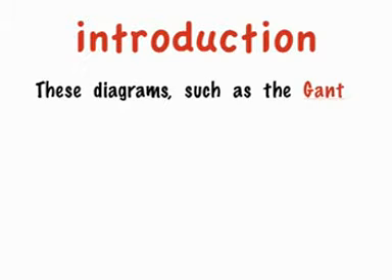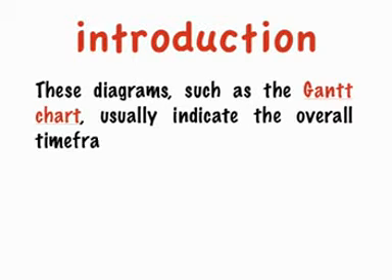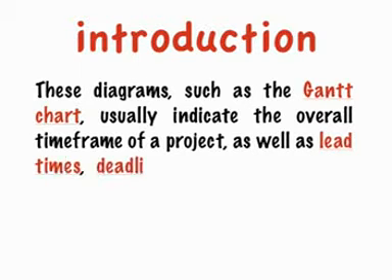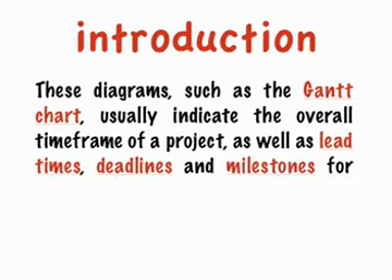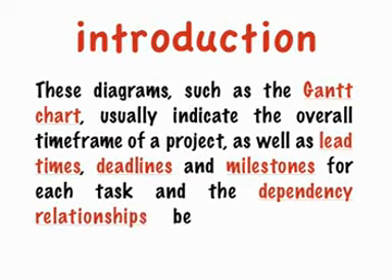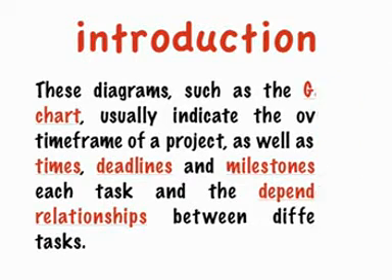These diagrams, such as the Gantt chart, usually indicate the overall time frame of a project, as well as lead times, deadlines, and milestones for each task, and the dependency relationships between different tasks.